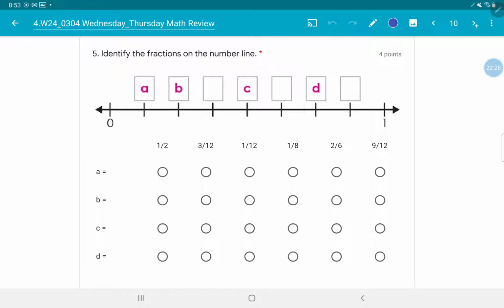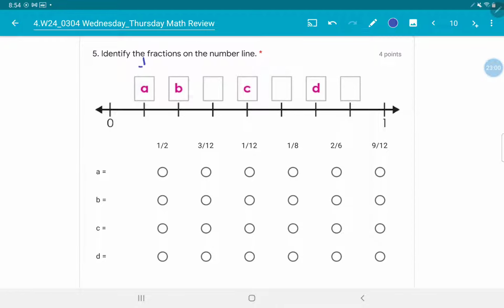From 0 to the first mark is 1, then we have 2, 3, 4, 5, 6, 7, 8 equal pieces. So our number line is broken into what size pieces? Eighths. So A, we could say, is how many eighths? 1/8.